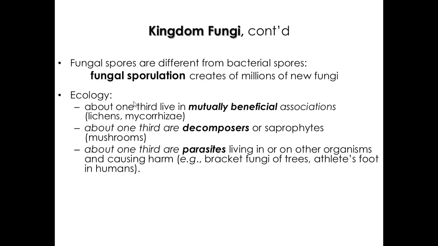So fungi in general, you can group them into three major groups. About a third of them live in mutually beneficial associations with things. Lichens is one we'll talk about in detail in a little bit. About a third of them are decomposers. That's where our mushrooms come in.